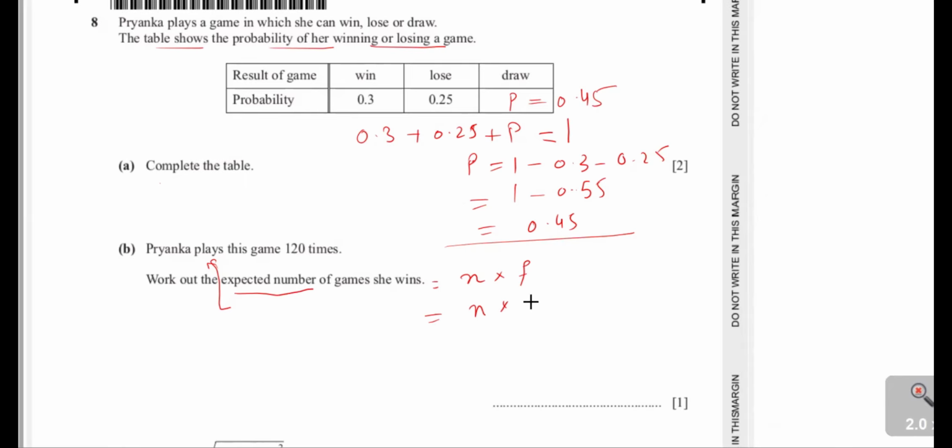Therefore, we can write n times P of win, and the probability of win is 0.3. We write 120 multiplied by 0.3. 120 multiplied by 3 is 360, and the decimal place of 0.3 is 1. Therefore, we put the decimal place 1 in this result. Therefore, we can write 36.0, and this is the answer.